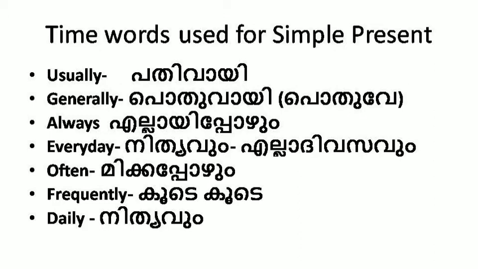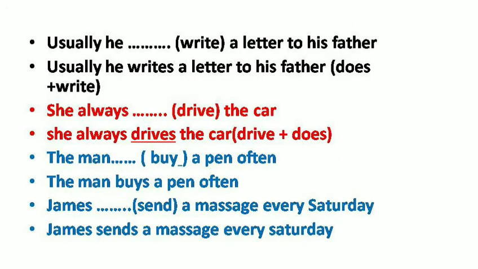We can look at some examples. In these examples, usually he dash write a letter to his father. We have to use the correct form of the verb that is given in the bracket, that is right here. Usually he writes a letter to his father.